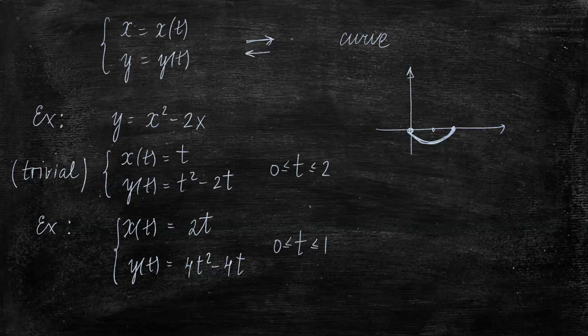So the idea is that it's not an easy process, and in order for us to pinpoint one unique parametrization, we need to know a little bit more than just a piece of a curve. So let's consider the following example in which we will be able to parametrize the curve uniquely.